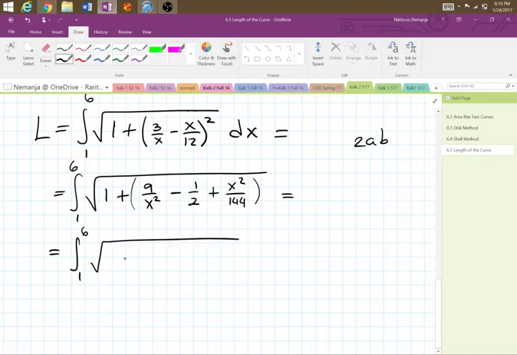All right, so I have 9 over x squared plus 1/2 plus x squared over 144. Where's my dx? Oh my god, I lost the point. You'll be putting this plus x and plus c's and dx's, otherwise it's minus 1. So it's either plus c or minus 1, whatever.